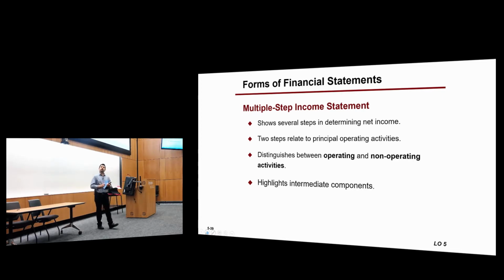Now, sometimes companies use more than one account for sales revenue. So Best Buy might have computer sales revenue and TV sales revenue. Usually they use that information for internal purposes. They want to see which line of products produces more.